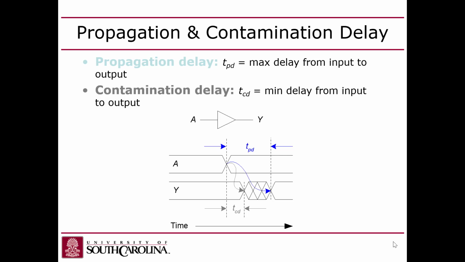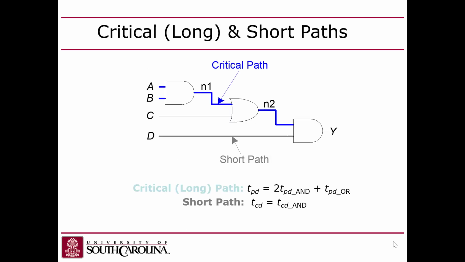That makes sense? Now, you might say, why would there be a difference for a single gate? Well, usually for a single gate there's not, but these concepts are being applied to logic circuits. A logic circuit will generally have different paths through the circuit. For example, this circuit.